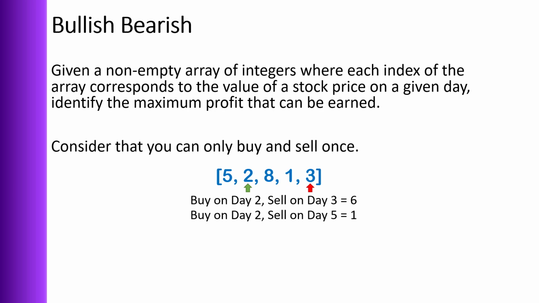So this is day 5, so the profit is 1 because 3 minus 2 is equal to 1. Lastly, if we buy on day 4, and sell on day 5, we would have a profit of 2 because 3 minus 1 is equal to 2.